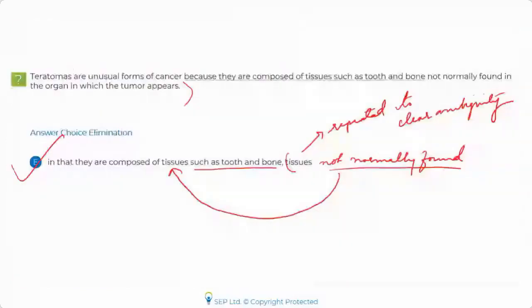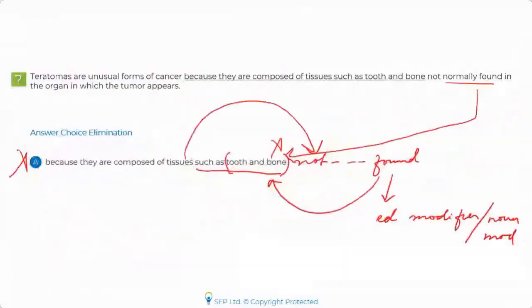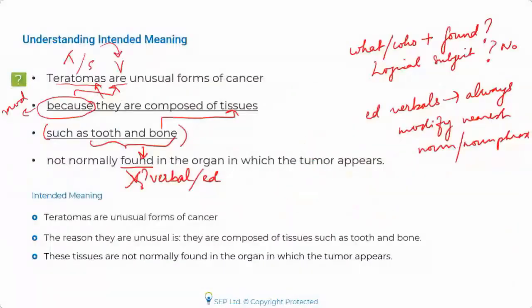The takeaway I'm going to mention later on, but the takeaway was right here, that ED verbals always modify the noun, and they always modify the nearest noun or the nearest noun phrase. They don't modify a verb. All right. So here the learning was they modify the nearest noun. Are we all clear, guys?